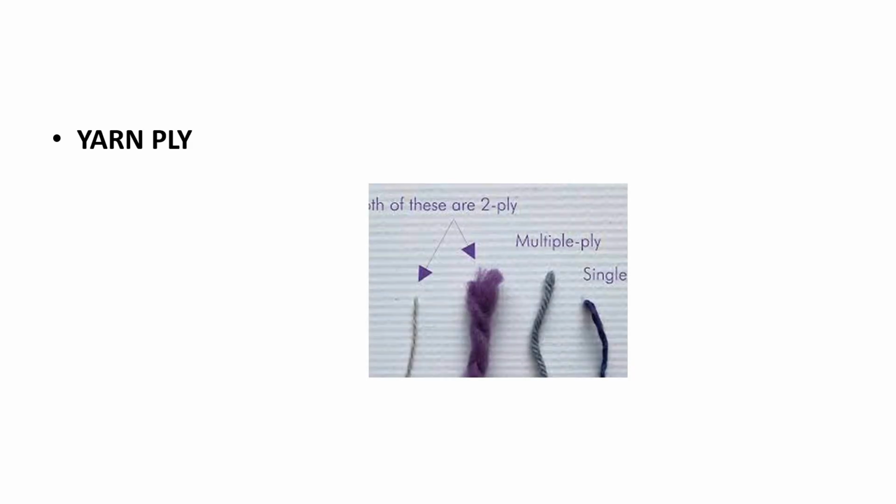Yarn ply is also important because of the durability and strength of the sewing thread. There may be a single ply thread, a 2 ply, or multiple ply, depending upon the requirement, which type of sewing thread you want to use, or what type of garment is being sewn. So different yarn plies must also be inspected.